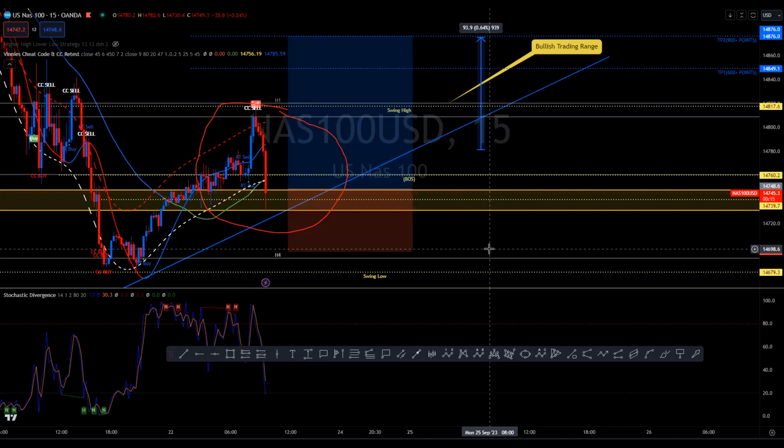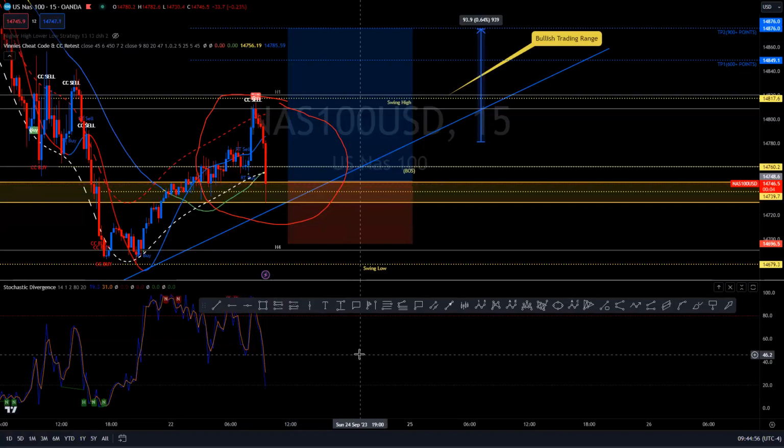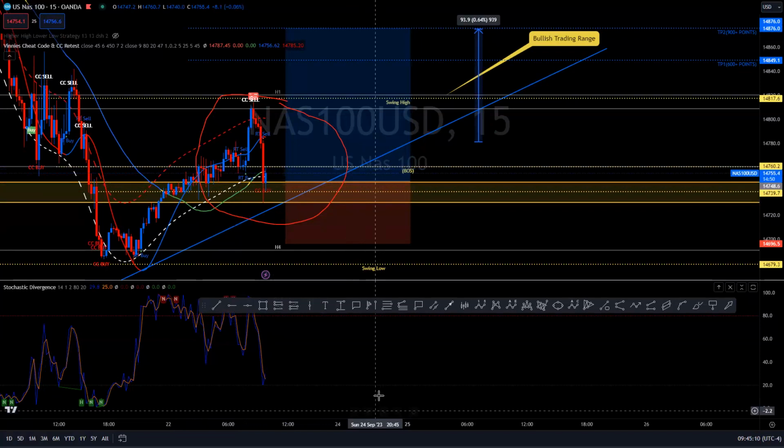We can see which way the price decides to keep moving. 5, 4, 3, 2, yeah. Yep, cheat code buy, and go in for the buy. Yep. And this is the news candle.